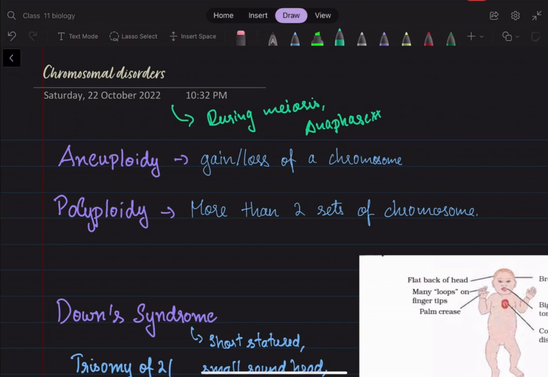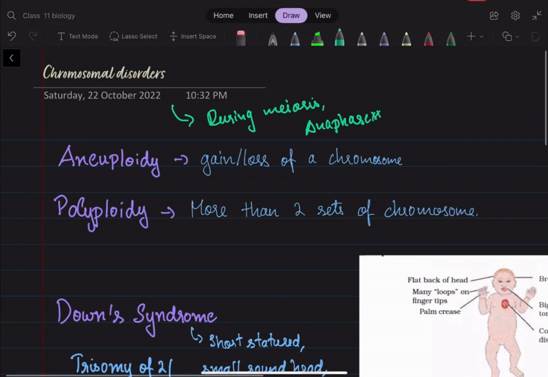We know that anaphase is the splitting of the chromosomes present in the metaphase plate. In that case, it does not happen properly. That is why some chromosomes can be added additionally or they can be lost.